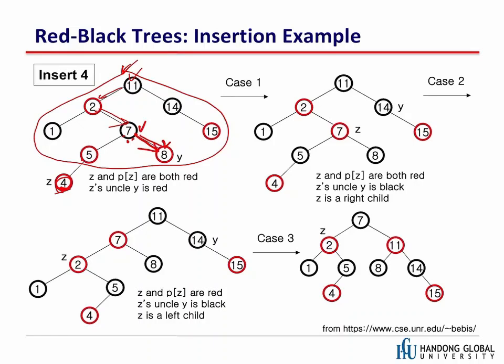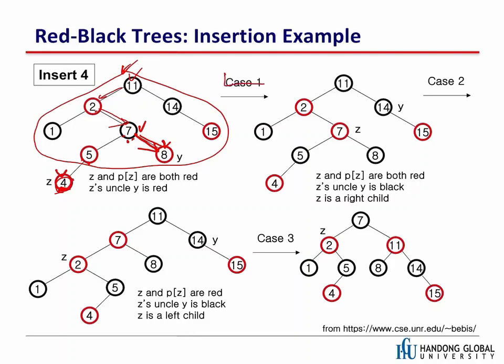But if 4 is black, then we have 2 black nodes. So it should be red. 4 should be red. Then there's another uncomfortable thing here: 4 is red and its child is red.